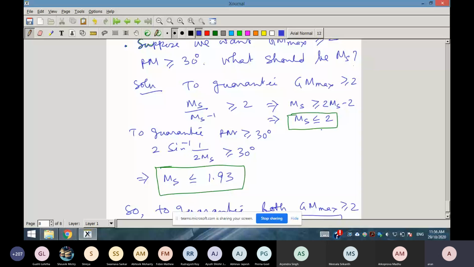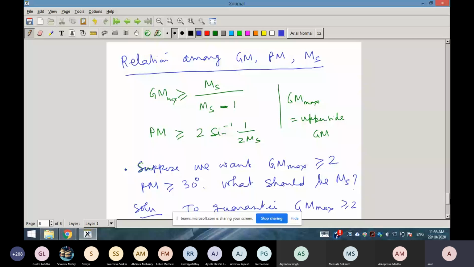So from this example, or from the above relation, it is clear that a smaller value of the sensitivity function, a smaller value of Ms, will also guarantee the desired gain margin and phase margin.